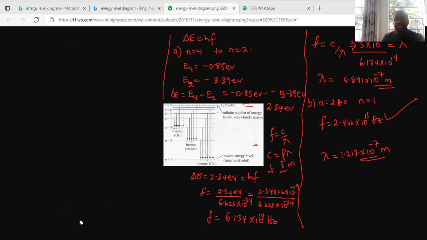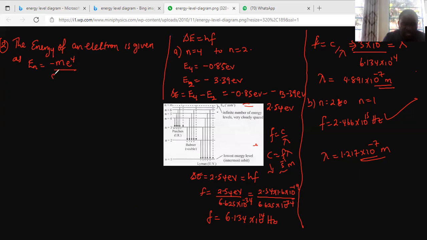Now, sometimes they might not give you the energies. They might set a question regarding the derivations we did last week. If you remember those derivations, look at example 2. It says the energy of an electron is given as En is equal to negative m e to the 4th over 8 n squared h squared epsilon squared.